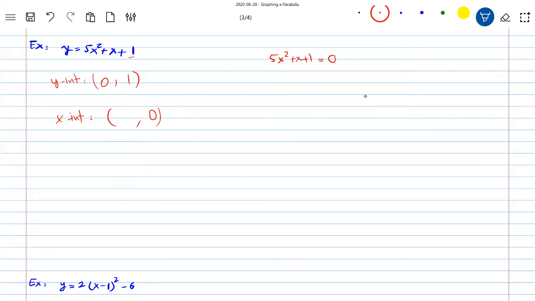Use the quadratic formula. X equals negative b, b is 1, so negative 1 plus or minus square root of 1 minus 4 times 5 is 20, divided by 2a, 10. What do you get? Negative 1 plus or minus square root of negative 19, divided by 10.